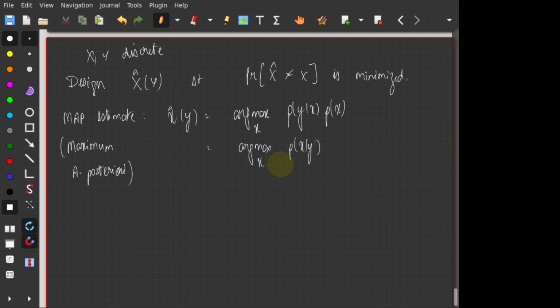What is the most likely x given y? That is going to be your MAP estimate. The claim is that this also minimizes the probability of error, which is intuitive, but how do we prove this? Everything is discrete, finite alphabet, so it's easy.